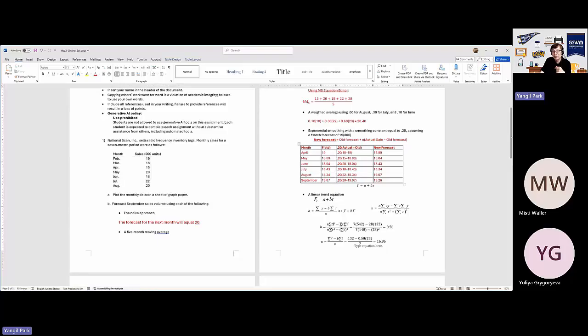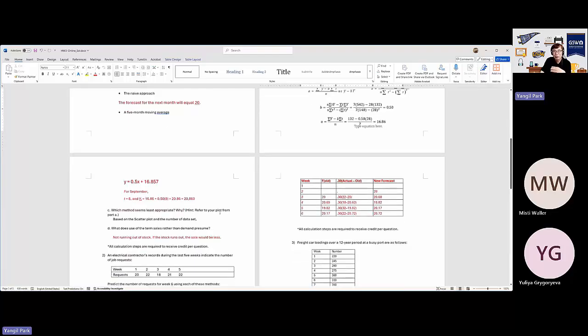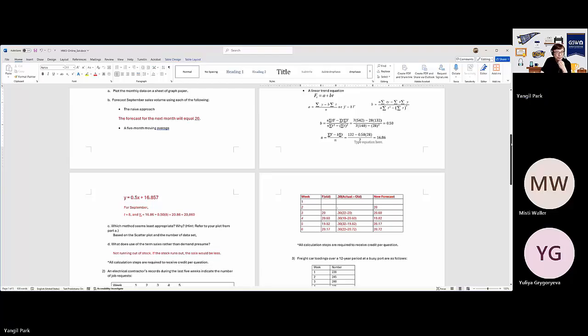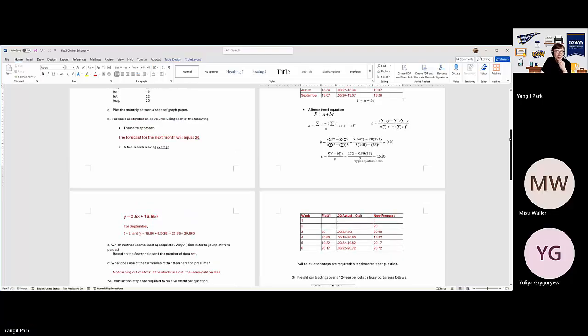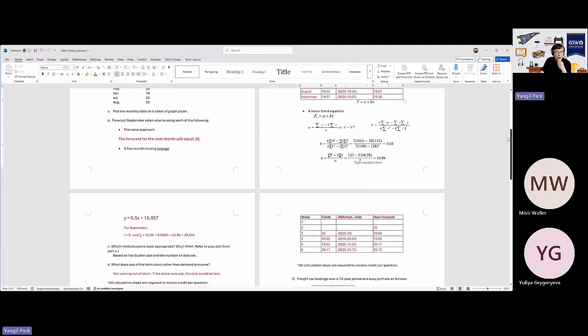If you remember, regression and linear equations are based on a large set of data. If you have a very small set, it's not really efficient. It may not be accurate at all. So that's the downside of linear equations. I think that's related to C. Okay, question number C.